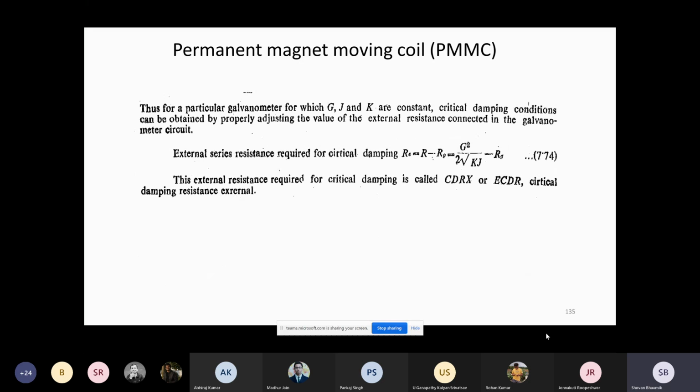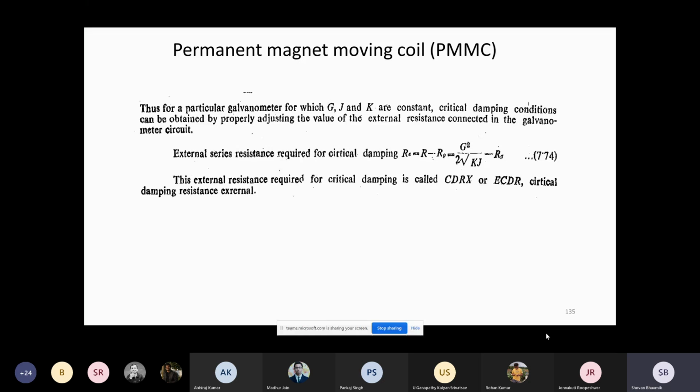So for the particular galvanometer for which G, J, K are constant, the critically damped condition can be achieved by properly adjusting the value of the external resistance connected with the galvanometer.